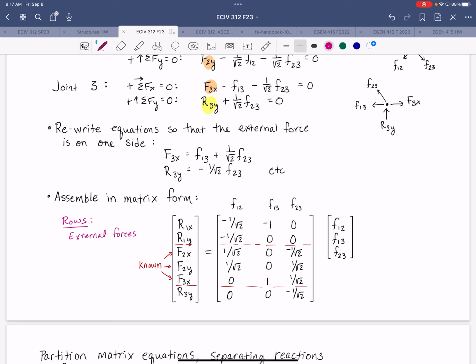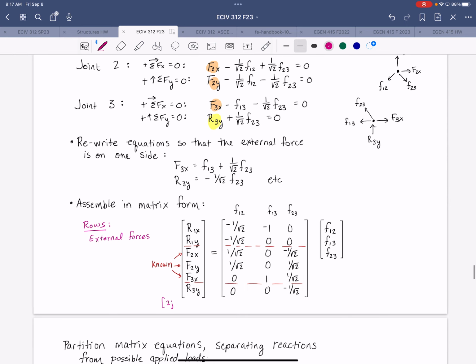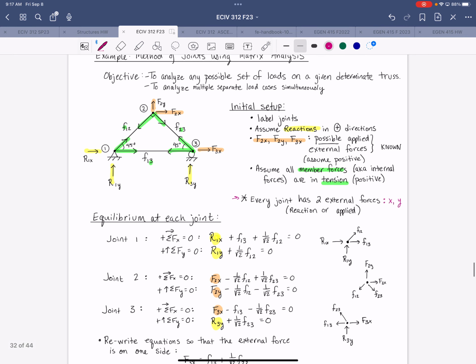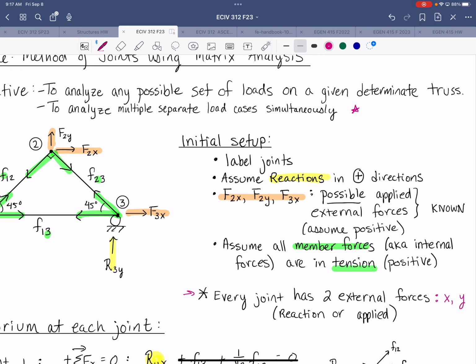I'm going to note the matrix size down here, 2J rows, and for generic application, I'm going to make one more note up here.